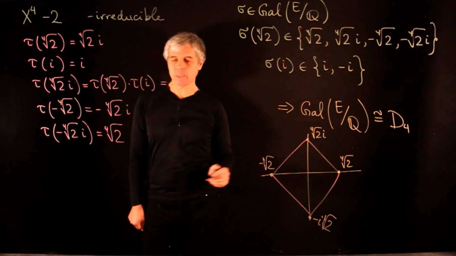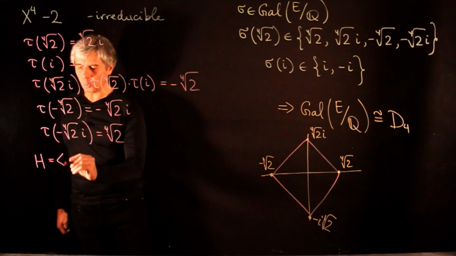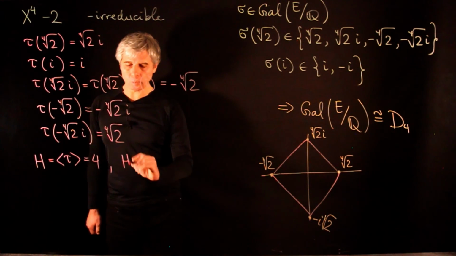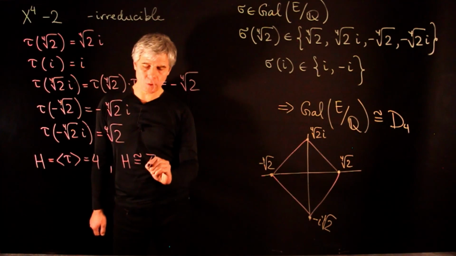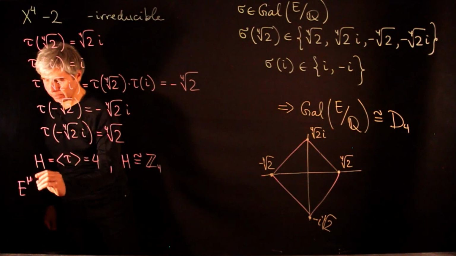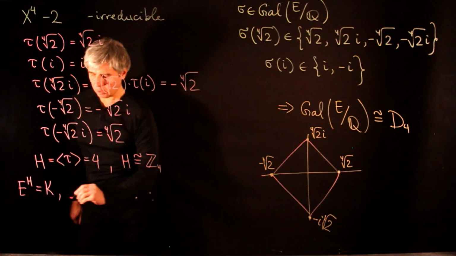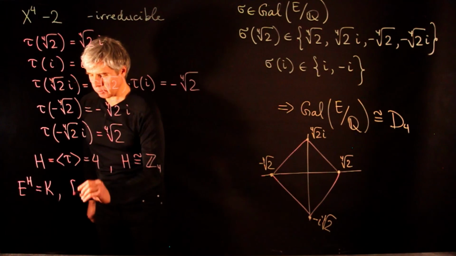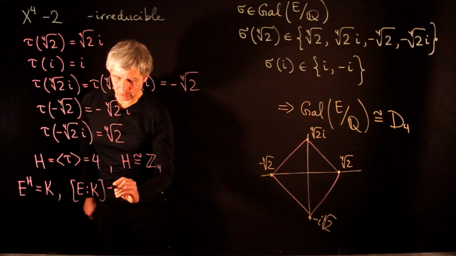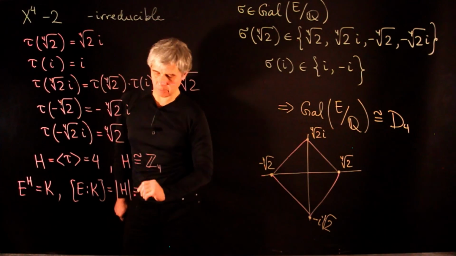So this element generates a subgroup H of order 4. And this subgroup is isomorphic to Z4. Now let us look at the fixed field under H. Let us denote this field by K. So we know that the degree of E over K is equal to the order of the group H, that is 4.